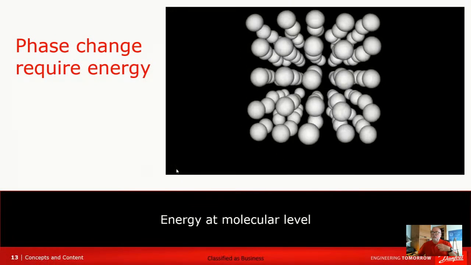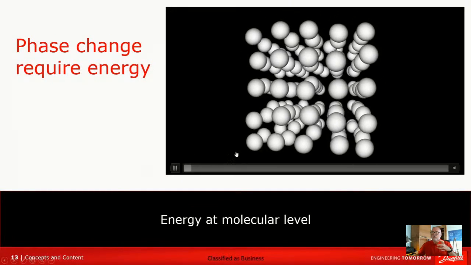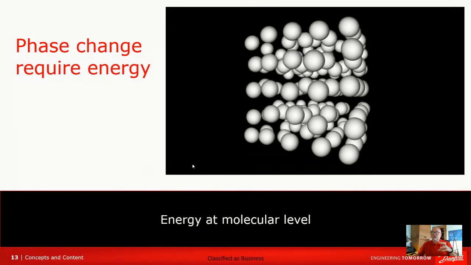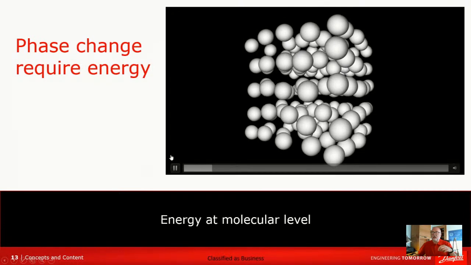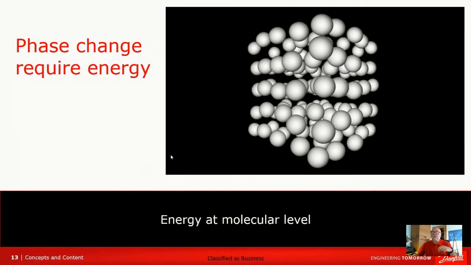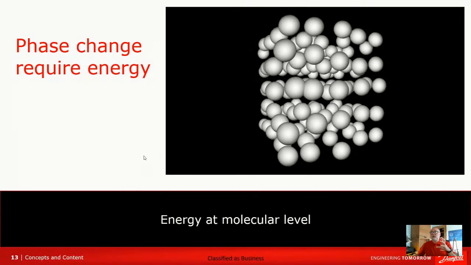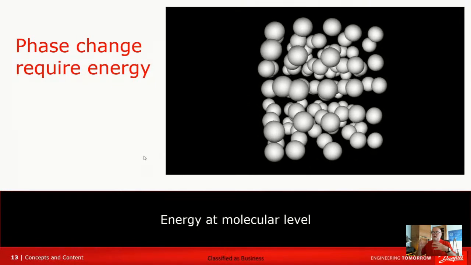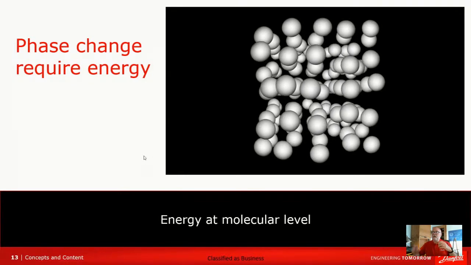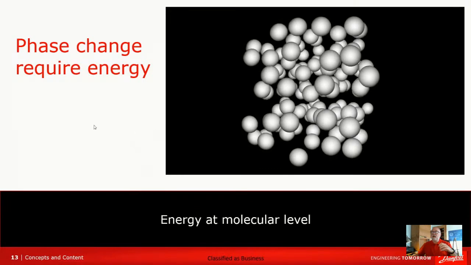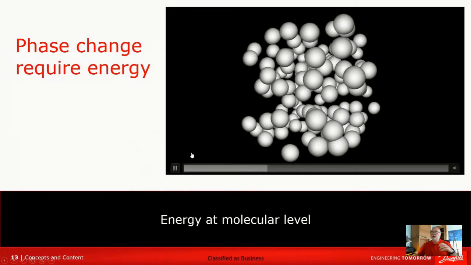It's no longer neatly ordered, as you can see in the start. I have just started it up again from the beginning, and we are adding energy to it, and you can see the shivering is getting more intense and the structure is breaking up. And this is actually where the ice has thawed into liquid.